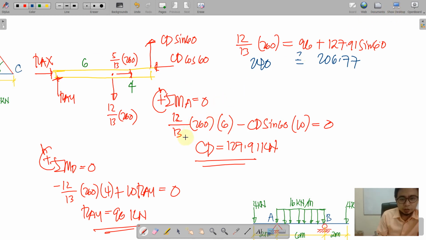Okay, so let us check now the equation. So for the calculation, I think this should be equal to 144.